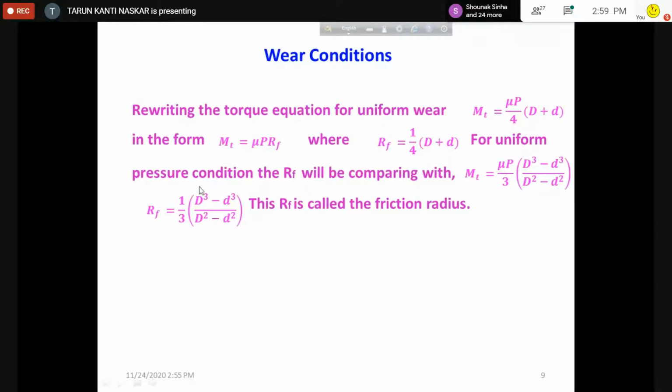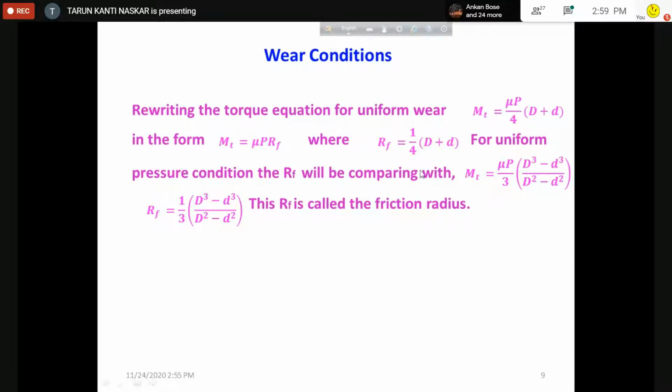For the uniform pressure condition, Rf will be 1/3 (D cube minus d cube) divided by (D square minus d square). So this Rf is called the friction radius.